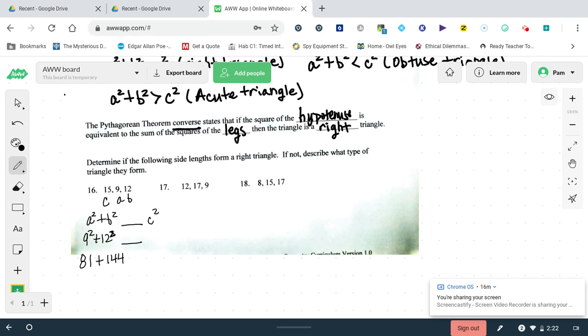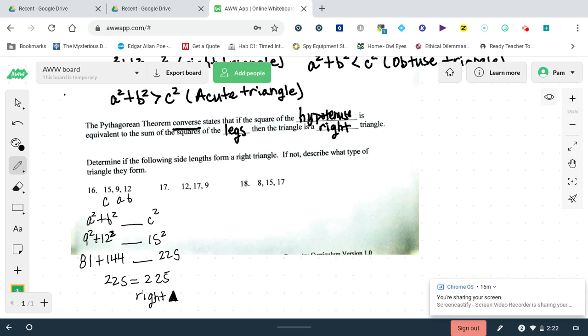So I want to put c, which is 15 squared, and compare it to that. 15 squared is 225. Well, if I take 81 and add it to 144, I end up with 225. Now I can say these two sides are equal. And since they're both equal, I can say that the triangle is a right triangle. That stands for the triangle symbol, okay? It's a right triangle.